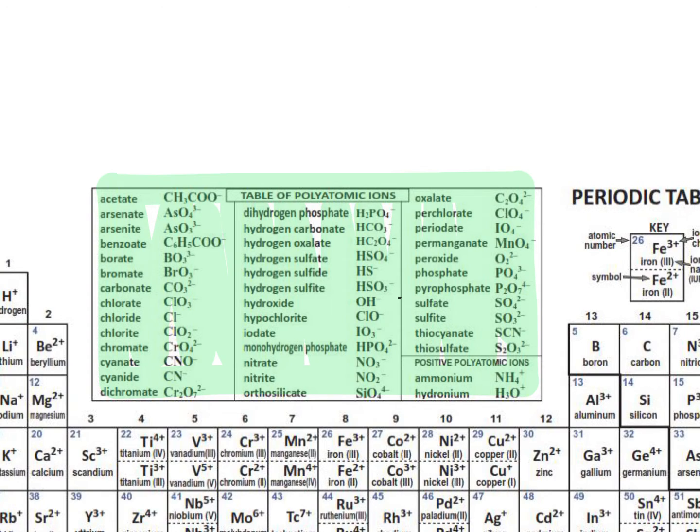So if we take a look at this hydroxide ion right here, you can see that it is made up of an oxygen, a hydrogen, and it has a charge of -1. Or if we take a look at this nitrate ion right here, it is composed of a nitrogen, an oxygen, well actually several oxygens, and has a charge of -1 as well. Most of these polyatomic ions are going to be negative, with the exception of ammonium and hydronium.